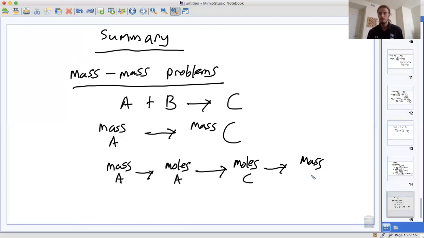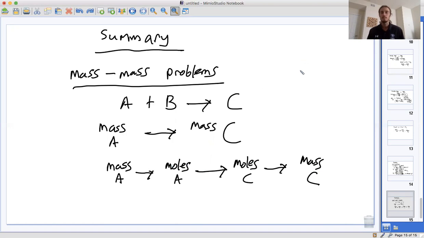So if you follow this plan, if you think about where you're starting and where you want to end up, and you look at how to get there, then the problem really comes down to doing 3 unit conversions, right? So you should be comfortable with those unit conversions.